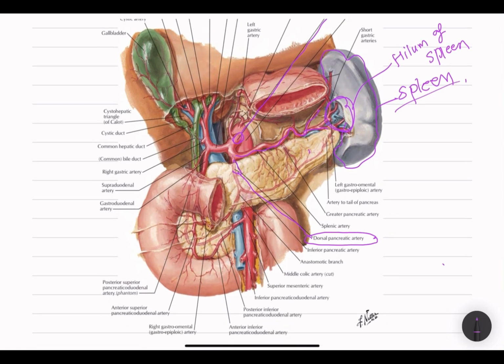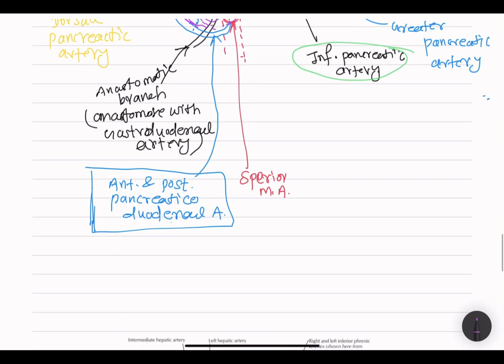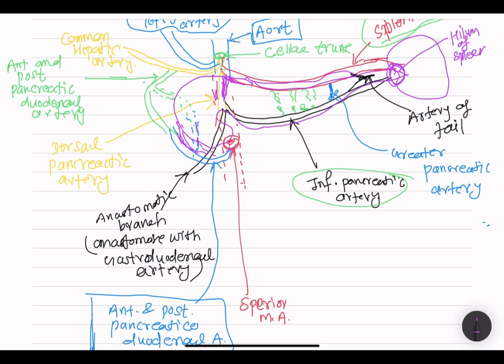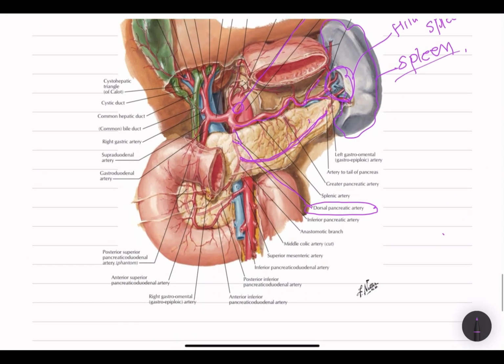And from this dorsal artery we can see there is one artery going like this, I drew this one. This is the inferior pancreatic artery, which supplies the inferior and the middle part of the pancreas.